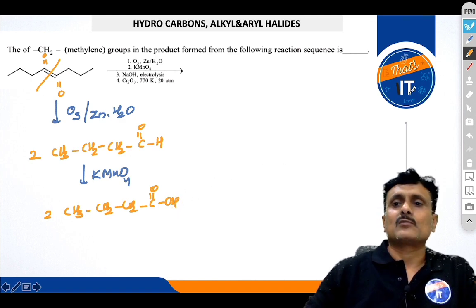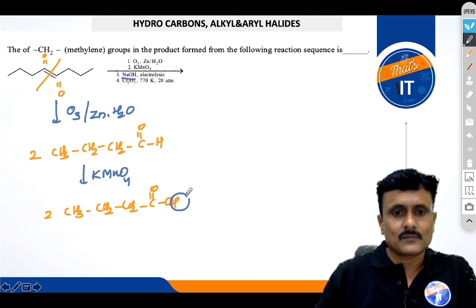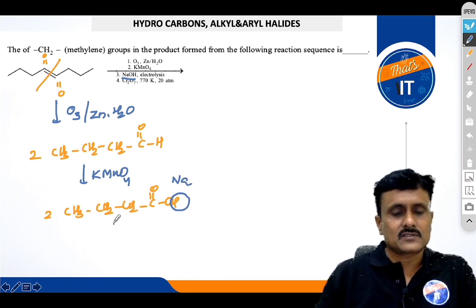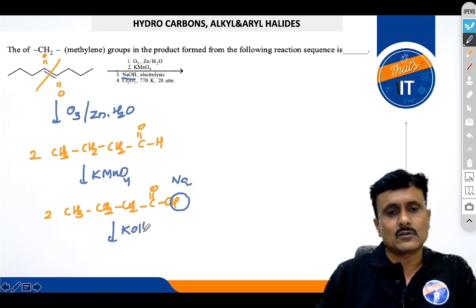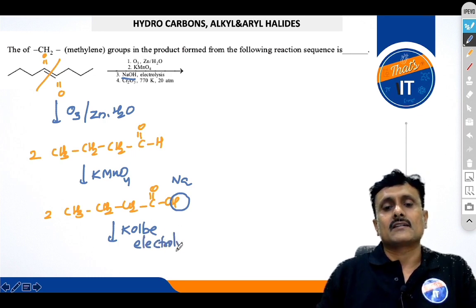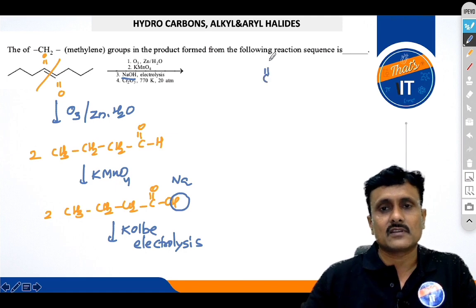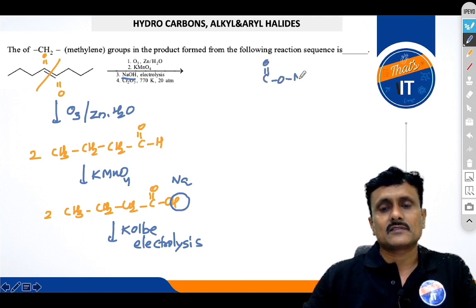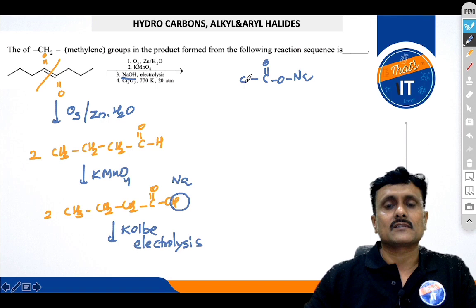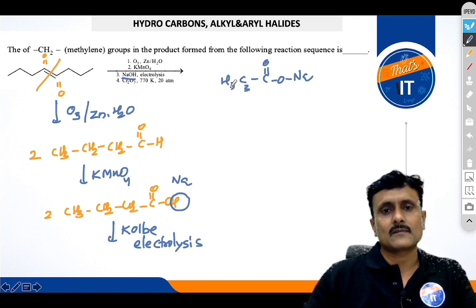Now this is converted into the sodium salt by treating with NaOH. And after that this is subjected to the very famous Kolbe electrolysis. So this is the question from alkane, right? Alkane is the source of this question. So when you carry out the Kolbe electrolysis of this substance, you can see how you are going to write the product. You have C3H7 group attached over here.